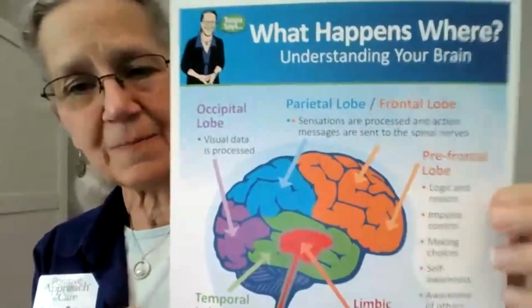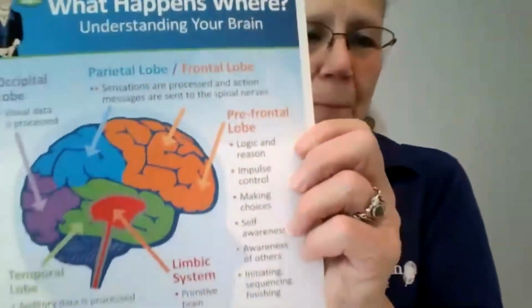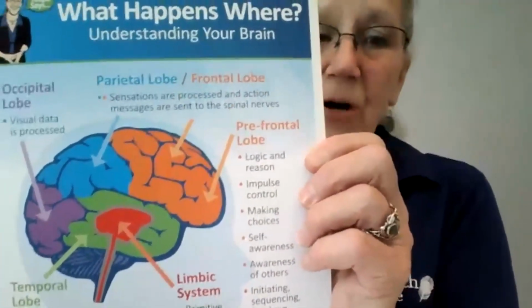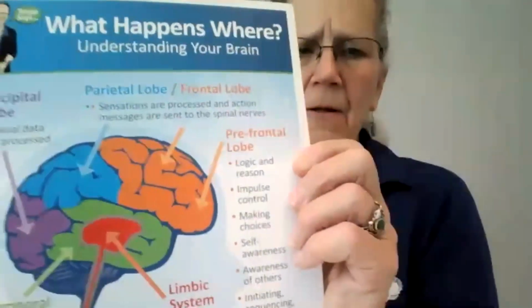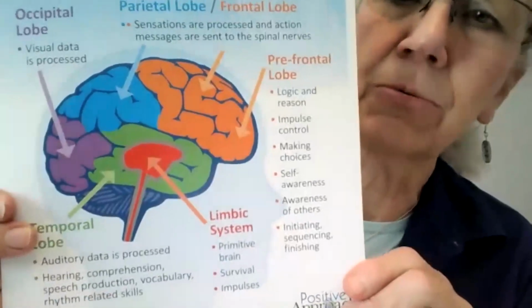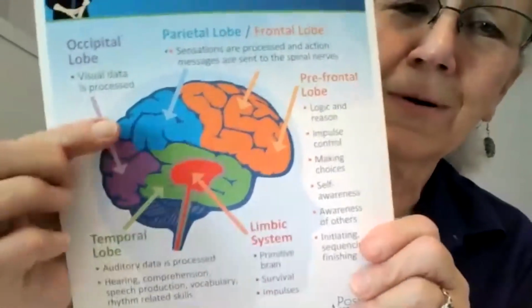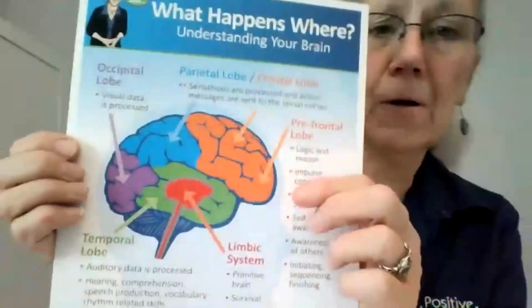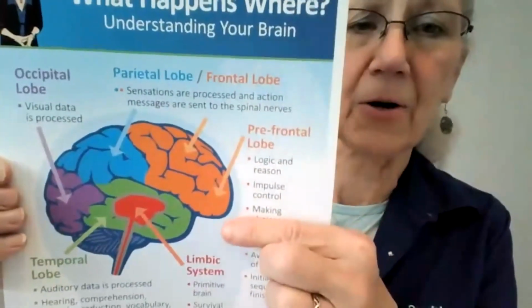And vision, put your hand to the back of your brain, is handled by the occipital lobe, the back of your brain. That's where you process everything you see. So show me on this picture where we would find your eyeballs. Right here.